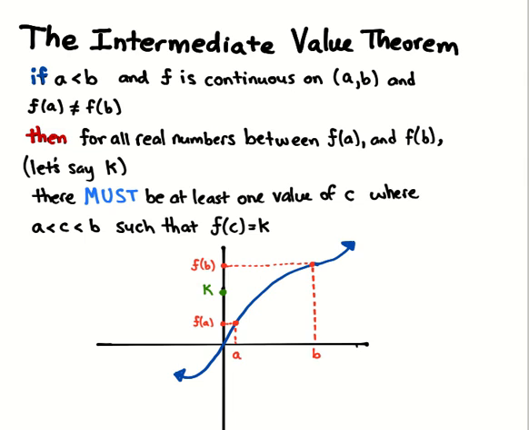Let's read it. If A is less than B and f is continuous on the open interval from A to B and f of A is not equal to f of B, then for all real numbers between f of A and f of B, let's say k, there must be at least one value of C. Now there could be more, but the intermediate value theorem says that there has to be at least one.